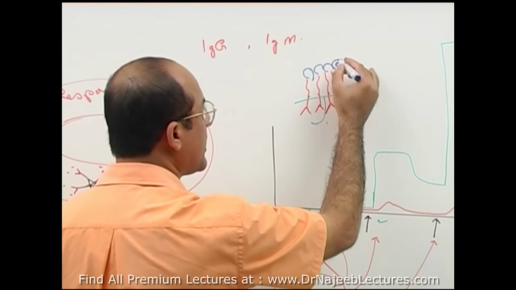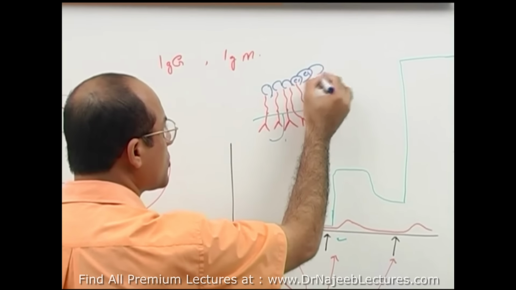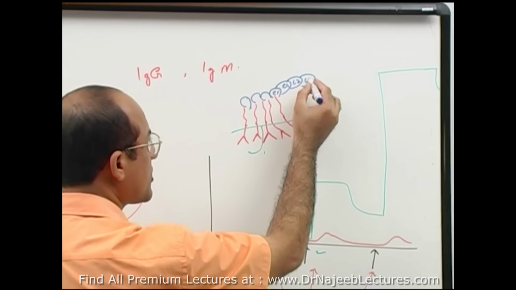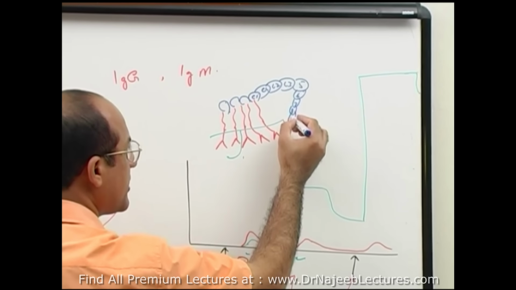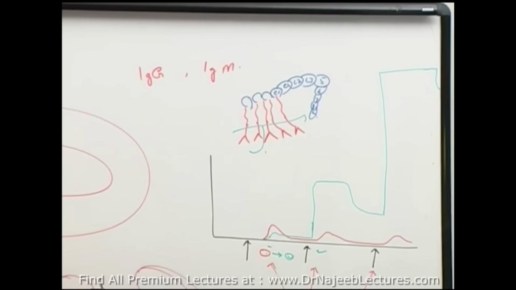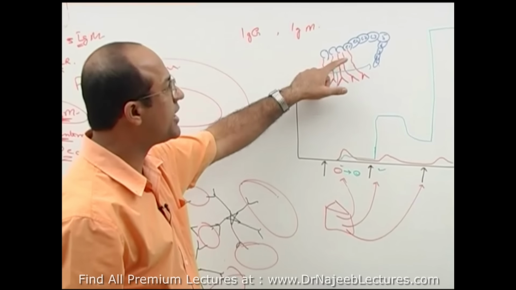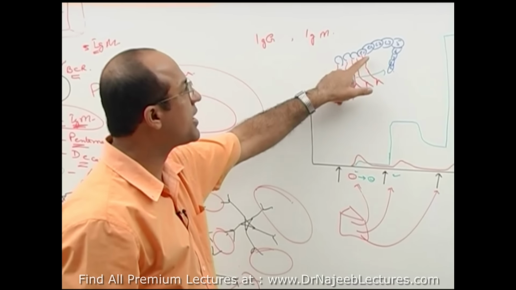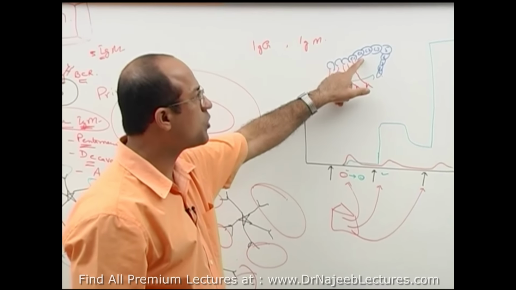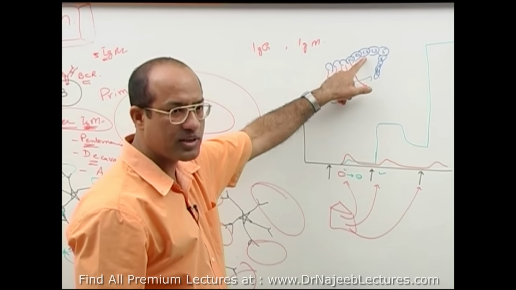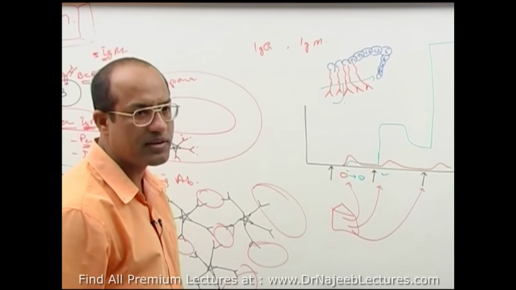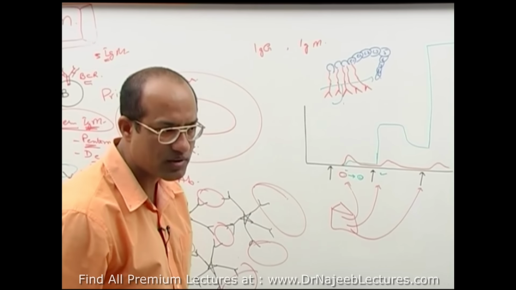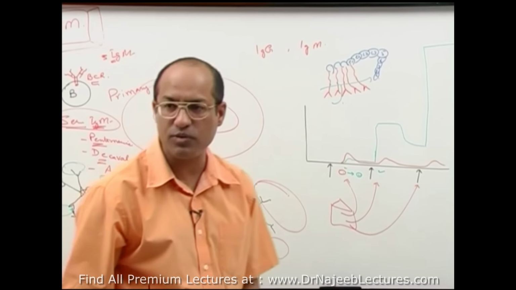This is C1, and C1 can activate C4, C2, you know it. Then C3, C5, 6, 7, 8, 9. This pathway, where the antibody Fc portion binds C1, 4 and 2 and activates the complement pathway, is called the classical complement pathway activation.